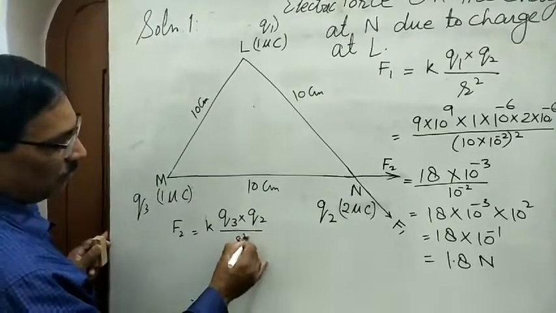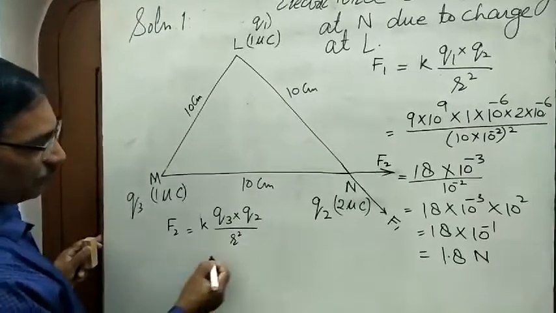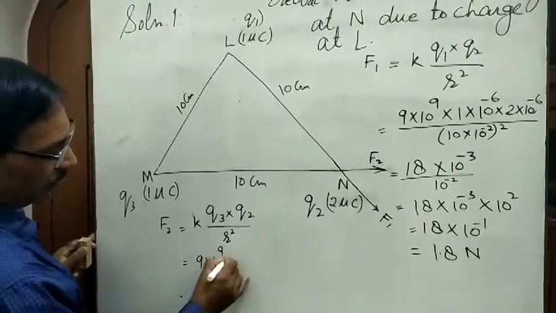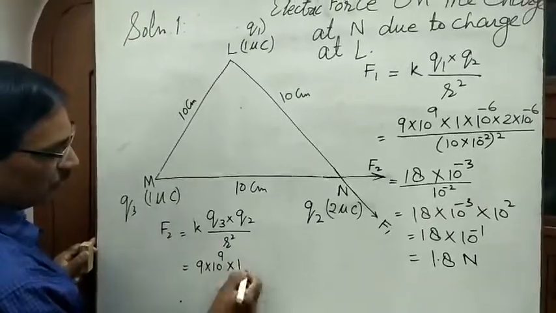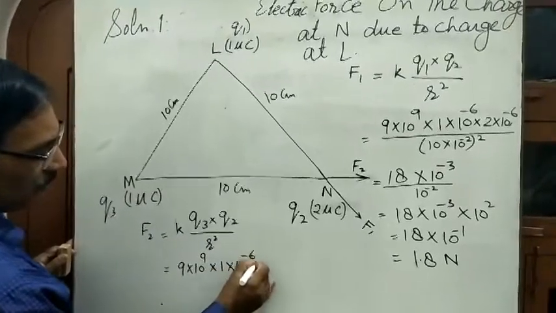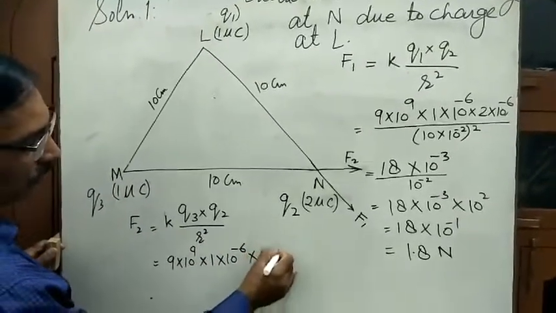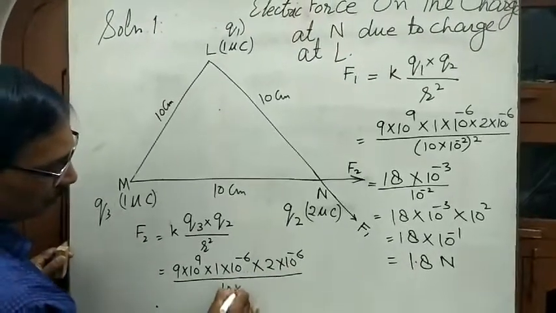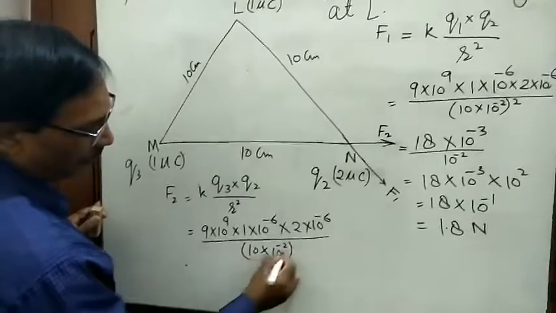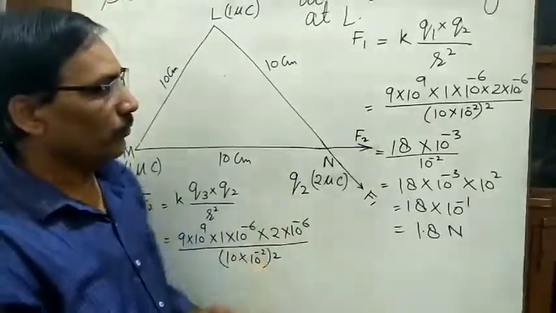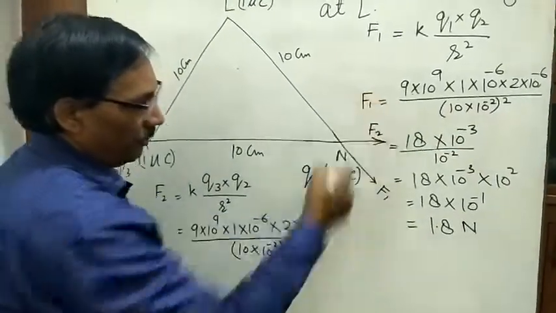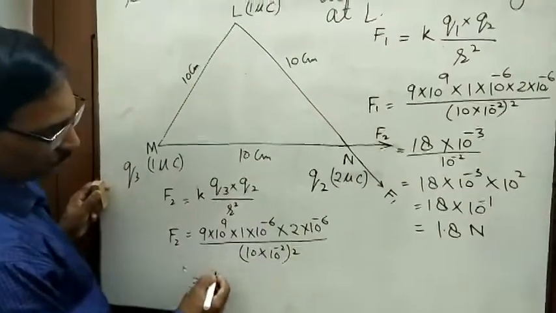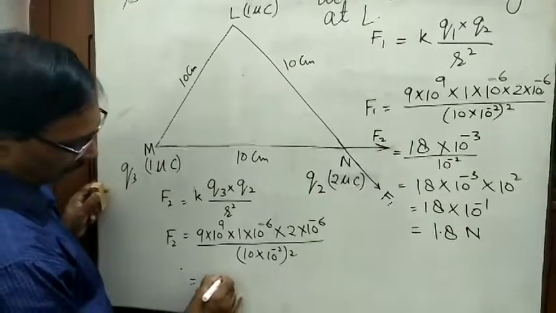So 9 into 10 to the power 9 into 1 into 10 power minus 6 into 2 into 10 power minus 6 by 10 into 10 power minus 2, square. Again the same value as F1. So F2 is equal to 1.8 Newton.